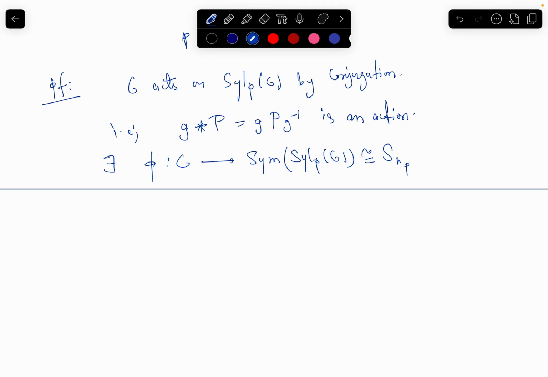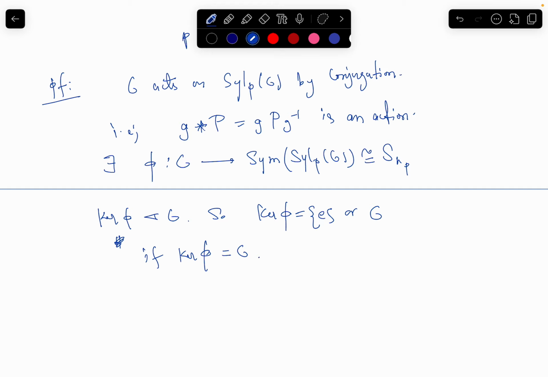If we look at the kernel of this homomorphism, we know that it is normal in G, but G is simple. That means the kernel has to be either the identity or the whole of G. For example, if the kernel of phi is the whole of G, that means the map is just a trivial map.